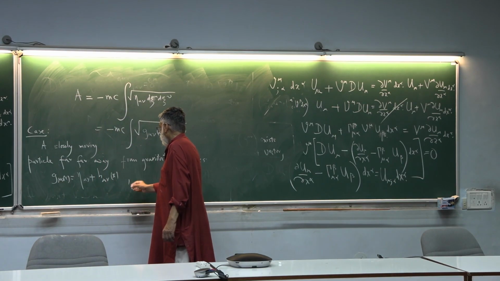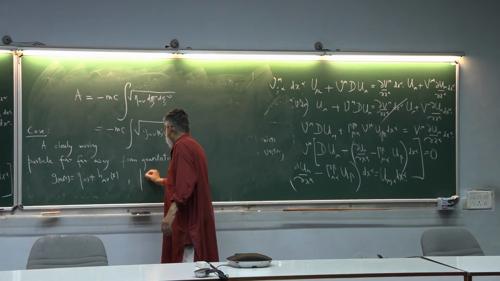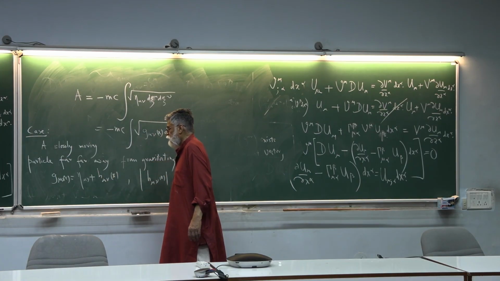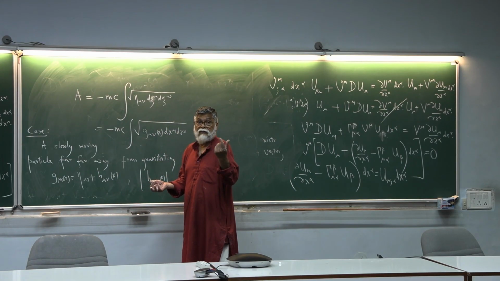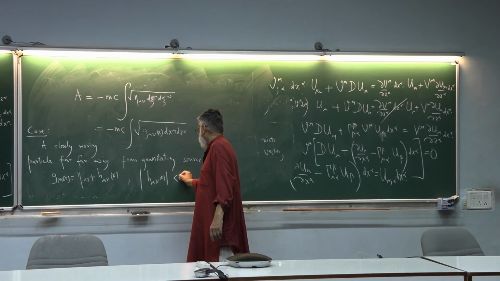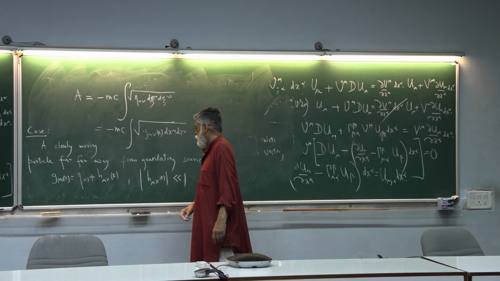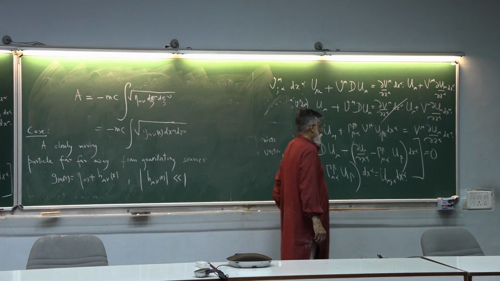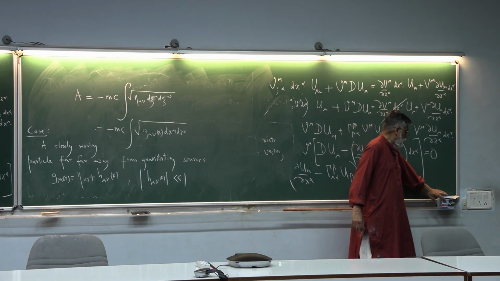Okay, where tiny perturbation means what? The modulus of h mu nu of x must be much smaller compared to eta mu nu. But what is the maximum value of eta mu nu? 1. So therefore h mu nu of x must be much, much less than 1.